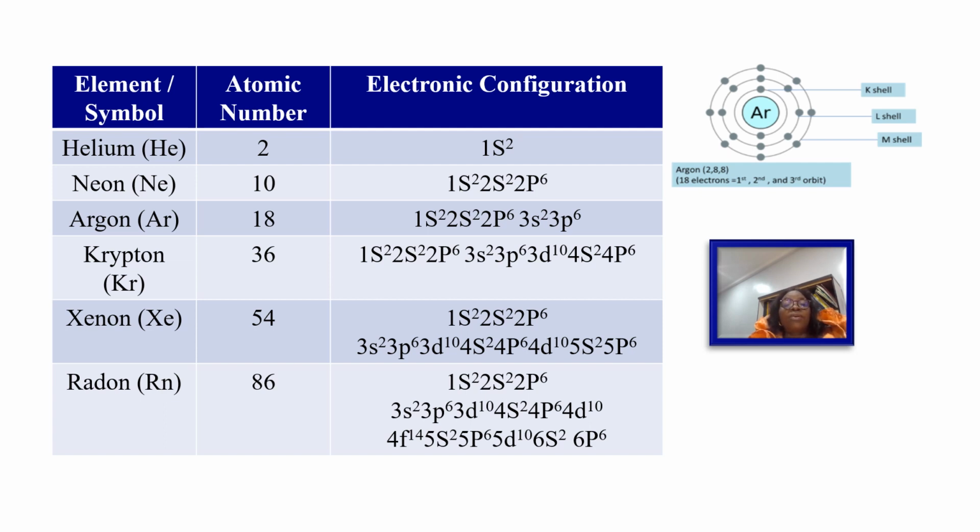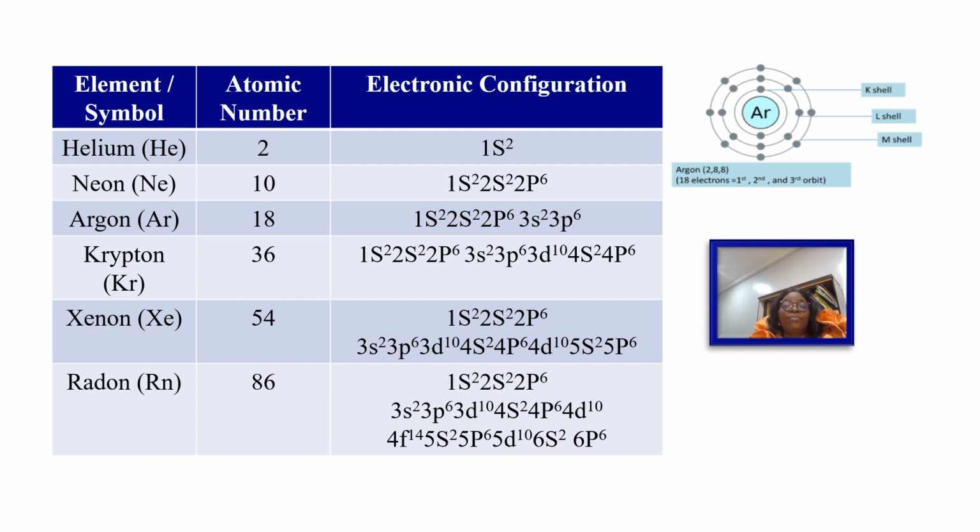Krypton with symbol Kr, atomic number 36, electronic configuration 1s2, 2s2, 2p6, 3s2, 3p6, 3d10, 4s2, and 4p6. We have xenon, symbol Xe, atomic number 54, electronic configuration 1s2, 2s2, 2p6, 3s2, 3p6, 3d10, 4s2, 4p6, 4d10, 5s2, 5p6.